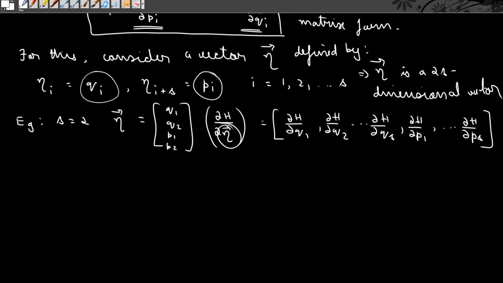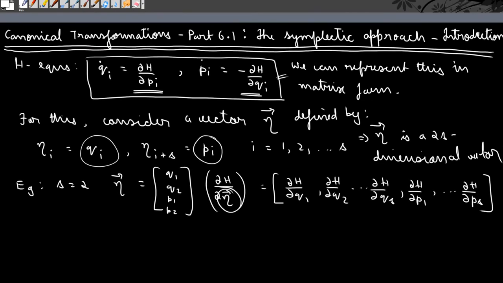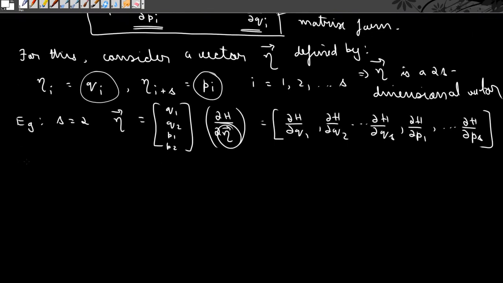Using our Hamilton's equation, this dou H by dou eta is a vector, so I write it in row form and take a transpose, and I will get a column vector.